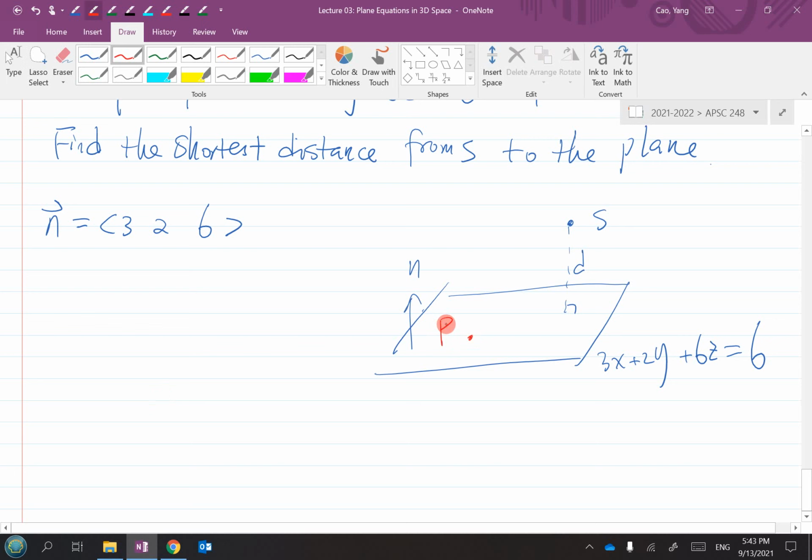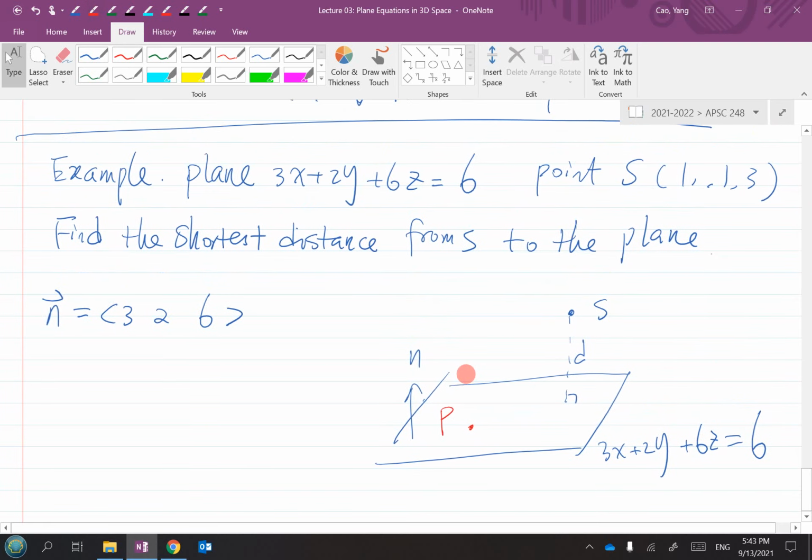Now this is where things differentiate. You pick this P, and he picks a different point P. But as I said, you can certainly pick an easier point P. What would be an easier point P over here? Anybody give me a very easy point P? Yeah, 0, 0, 1.